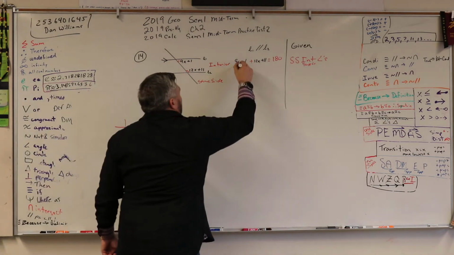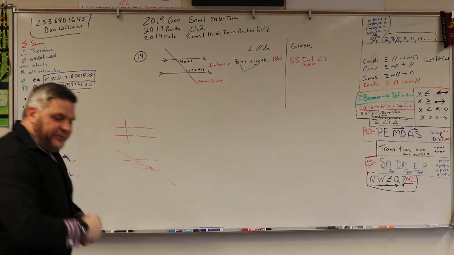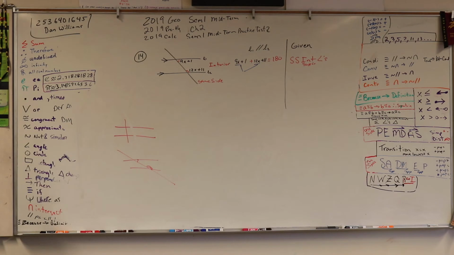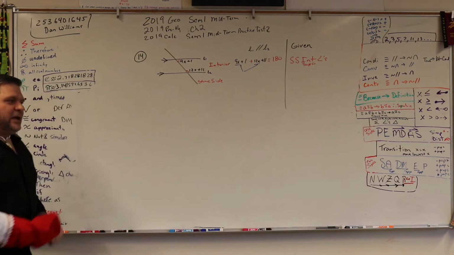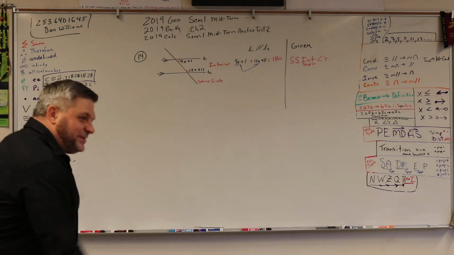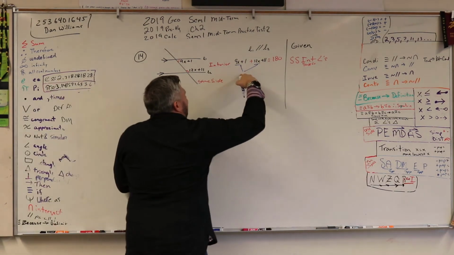So I get my x's first. And what's 9 and 12? 9 plus 12. Come on, people. 9 plus 12? Yes, 21. So 21x.